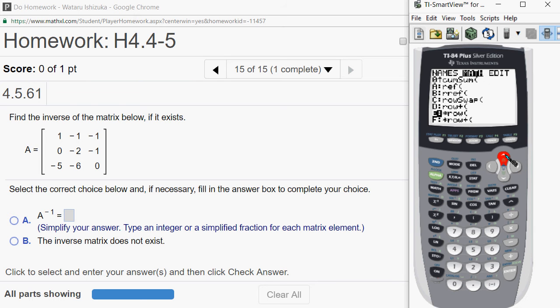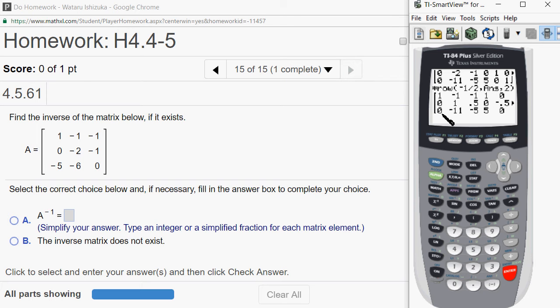Then we do multiply row. So we're going to do -1/2, and then a previous answer. So here's the previous answer, and the comma, and we're going to work on the second row. Then write parentheses and hit enter.